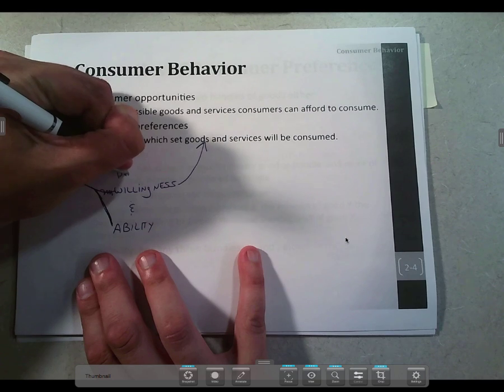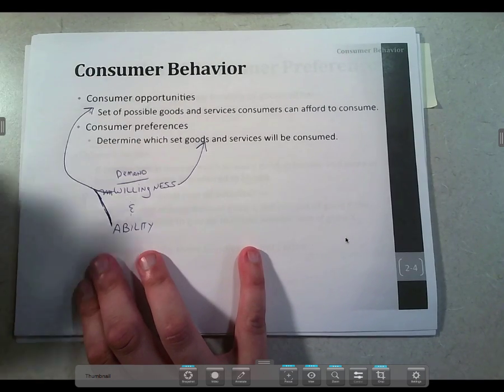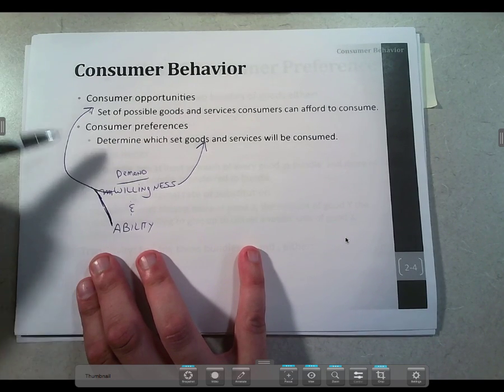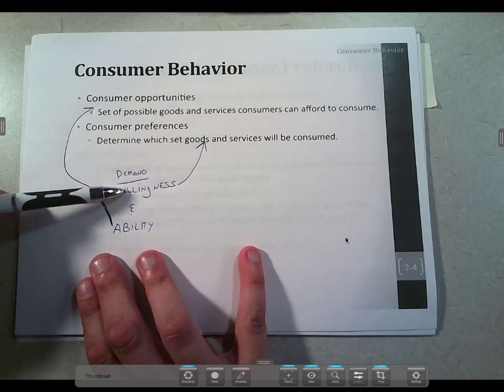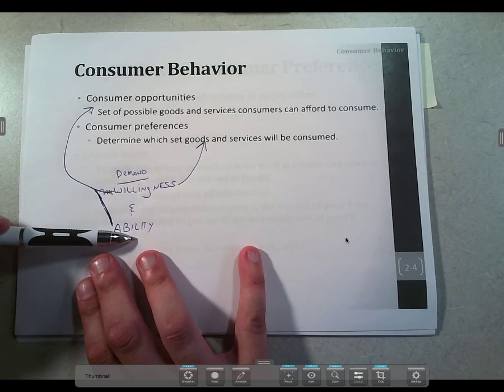Demand has to fulfill both conditions. So we need to understand these two functions. And there are going to be points at which I have both a willingness and ability to buy the product. That's going to describe my demand.